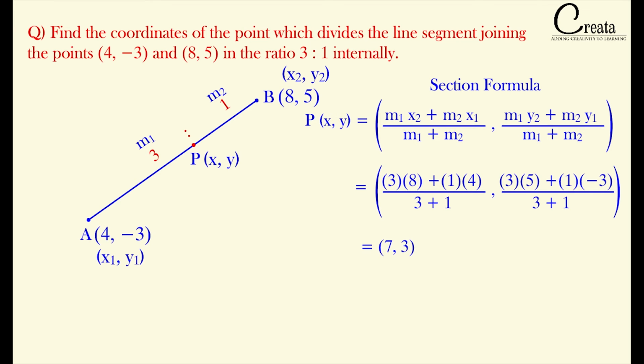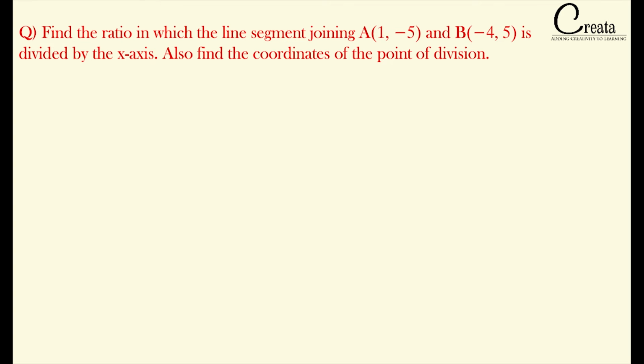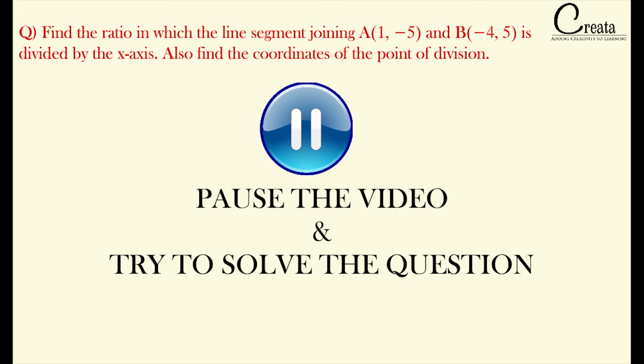Okay, let's take our next question. The question is, find the ratio in which the line segment A (1, -5) and B (-4, 5) is divided by the x-axis. Also find the coordinates of the point of division. Pause the video and try to solve the question on your own.